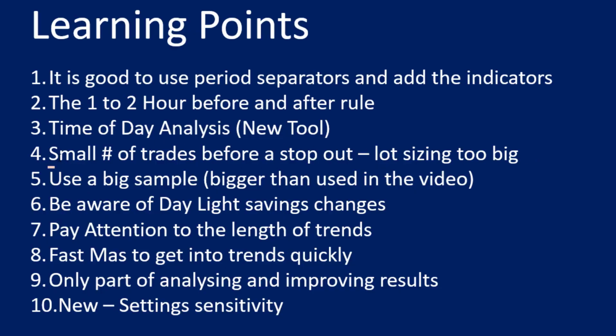Okay, and then as you might have noticed, what we did see is that when there were only a few trades that were causing a stop out, it means that the lot sizing was too big, and that was another thing that came out of the visual inspection.